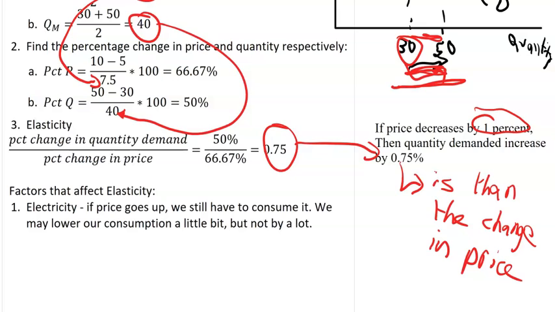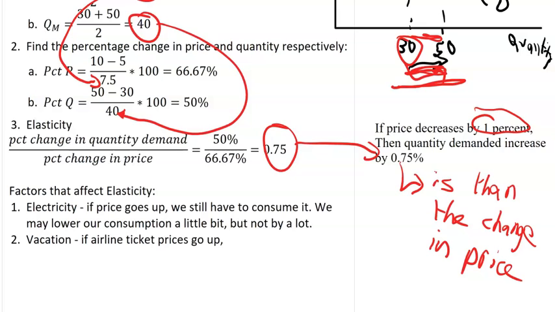Now imagine instead of electricity, something like a vacation. If airline prices go up, I may think, okay, it's a little too expensive for me to take this trip. I may do something else. I might just do a staycation, or I may just drive somewhere for my vacation. In that case, I may not take that vacation.